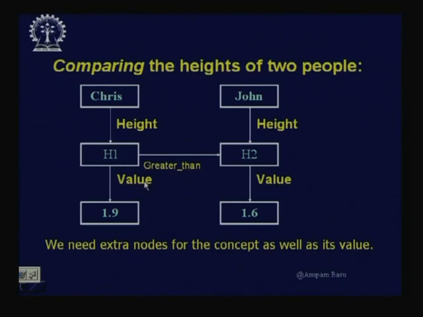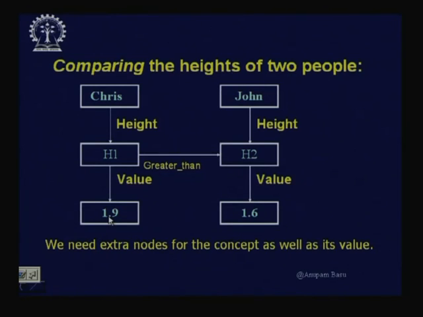Now, for the sake of comparison, we can establish another new relationship between h1 and h2 and state that h1 is greater than h2. So, from this augmented semantic net, now we can say that the height of Chris is h1 and the height of John is h2, and h1 is greater than h2. Therefore, I can compare the height of Chris and John.